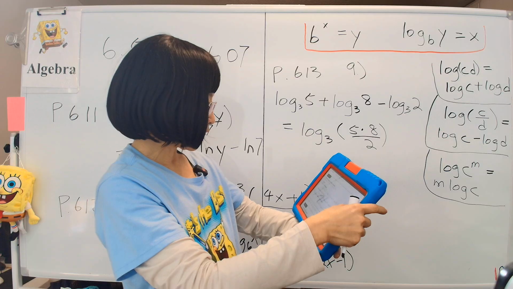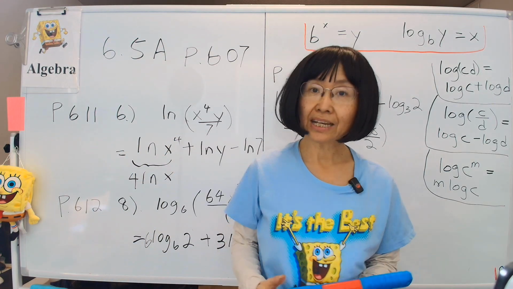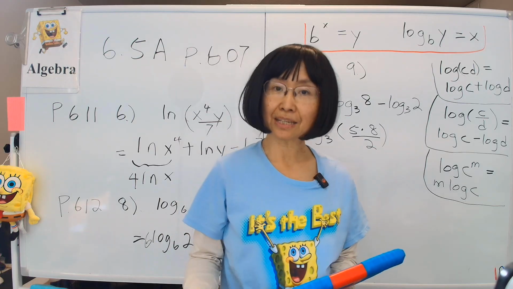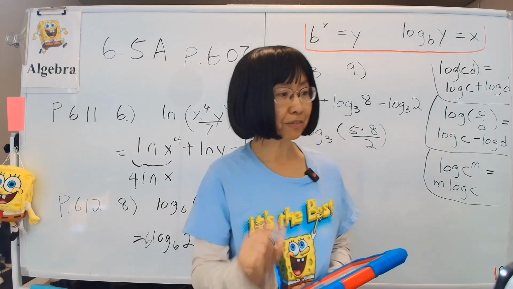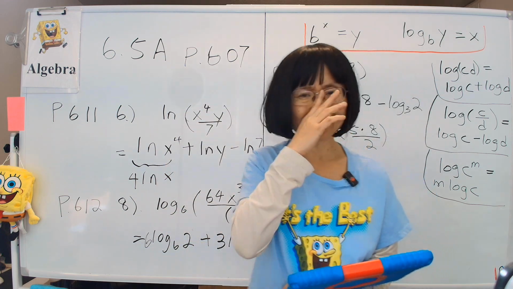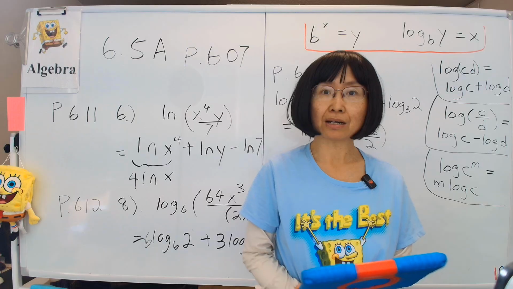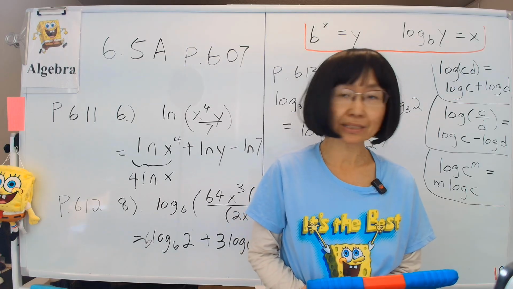Next, let's look at example 10. Actually, I decided that we'll continue with example 10 in the next video. So this video is part A of the two parts. Please do the problems on the homework section on page 616.